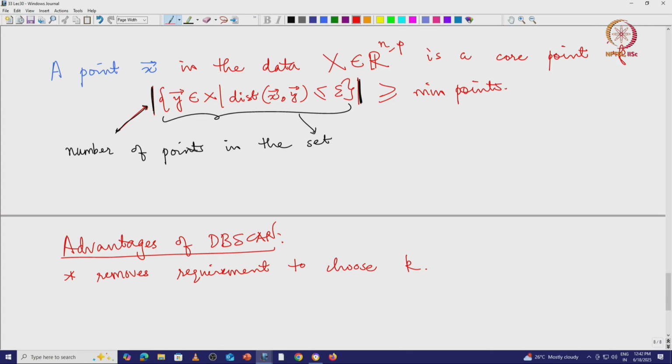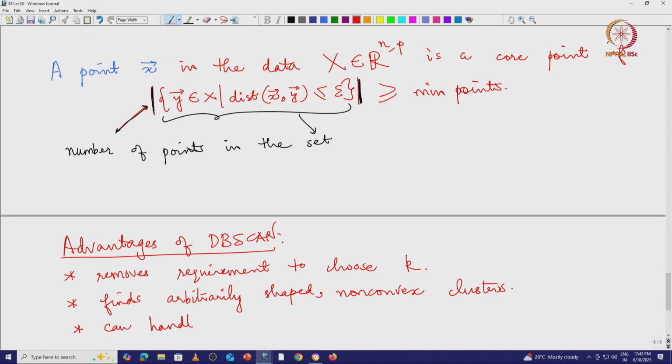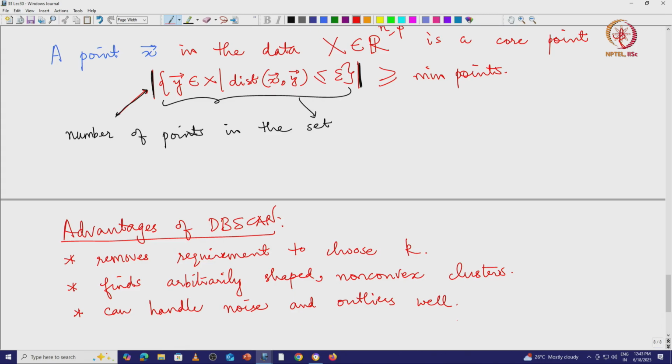So it is better to work with those distance metrics, which you can specify through epsilon and the minimum number of points, and it can find arbitrarily shaped non-convex clusters, and it can also handle noise and outliers, although K-medoid clustering is also quite good at it, right.